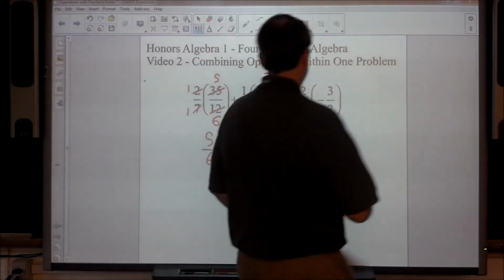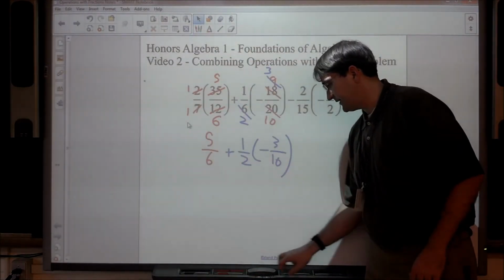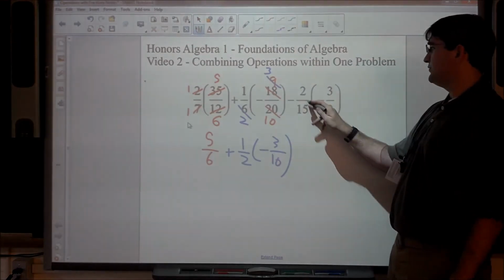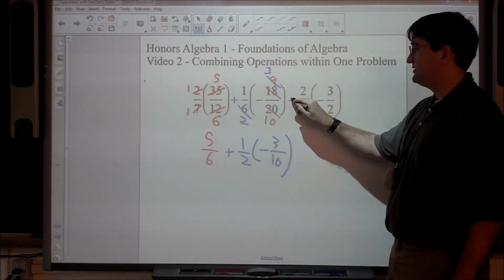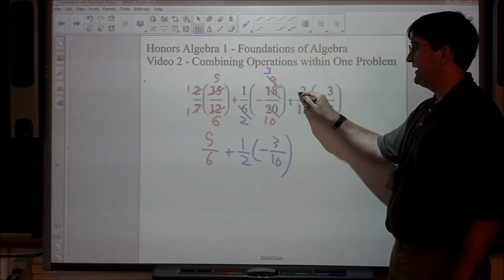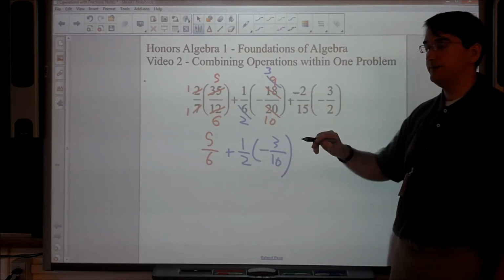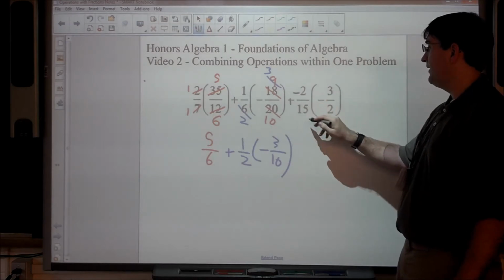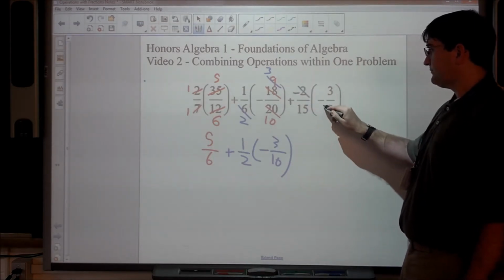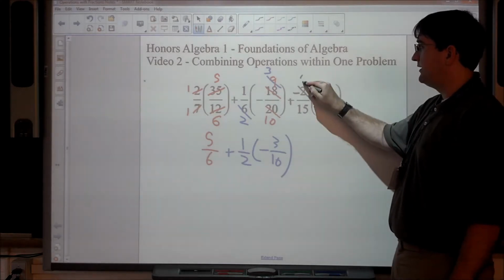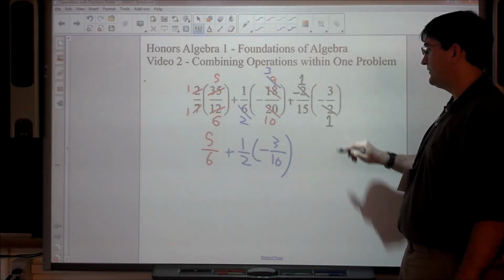My last example, or my last expression to simplify, 2/15, negative 2/15, because remember I can change that to plus a negative. Any subtraction problem can be changed into adding a negative. Anyway, the 2's will cancel, and I'll have a 1 there and a 1 there.